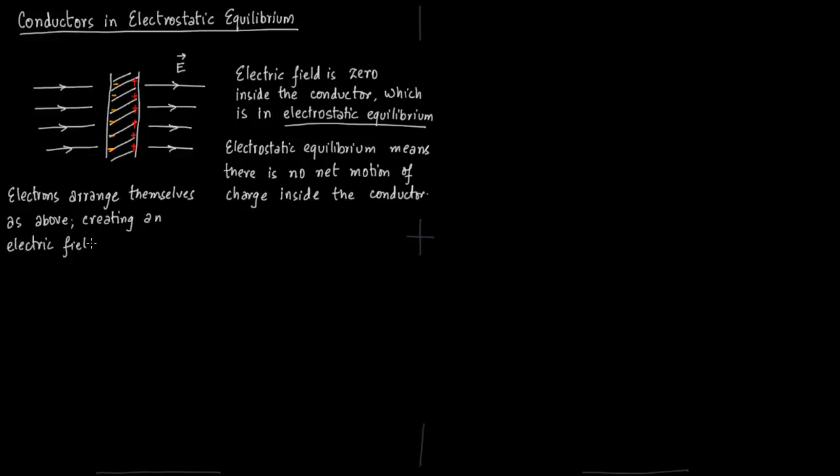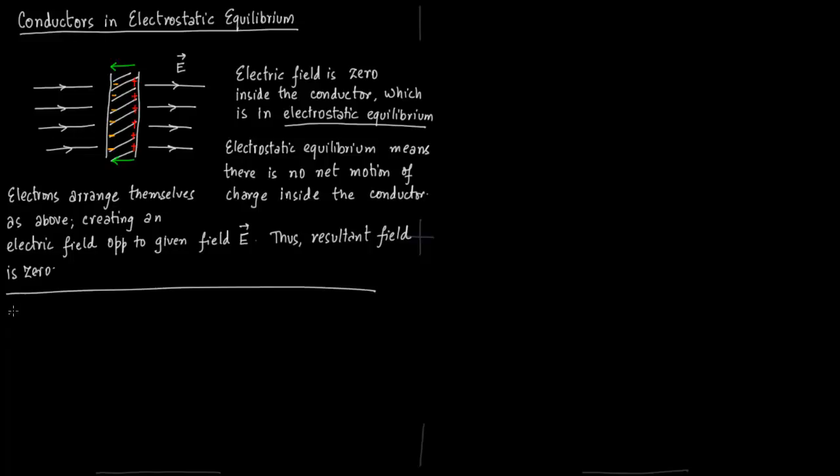Once the electrons arrange themselves as above and they are not moving anymore because the conductor is in electrostatic equilibrium, you get a new field which is opposite to the given field. This new field will cancel the outside field. The field in green is inside the conductor. This inside field cancels the field which is outside. So net inside the conductor you have zero electric field.